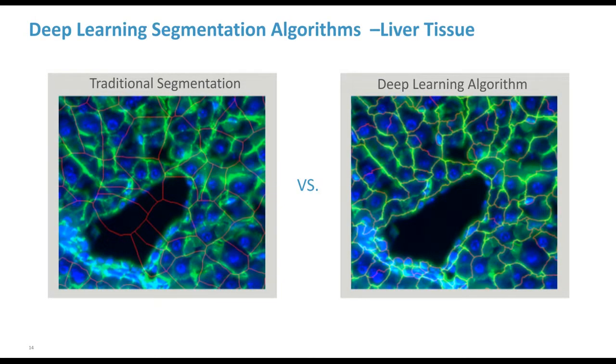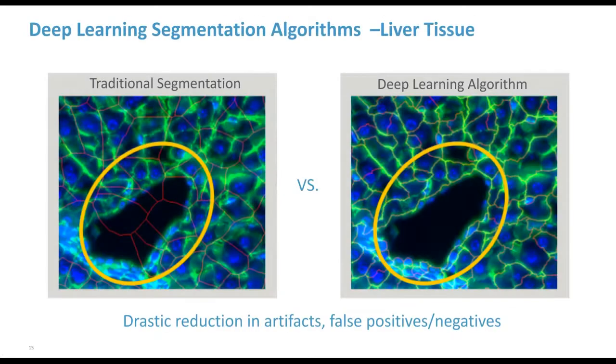As we compare some of the segmentation algorithms and some of the improvements that the Varenome team has conducted, traditional segmentation oftentimes suffers from a lot of problems such as false negatives or false positives. Our deep learning algorithm is now able to give higher accuracy in terms of detection of individual cells.